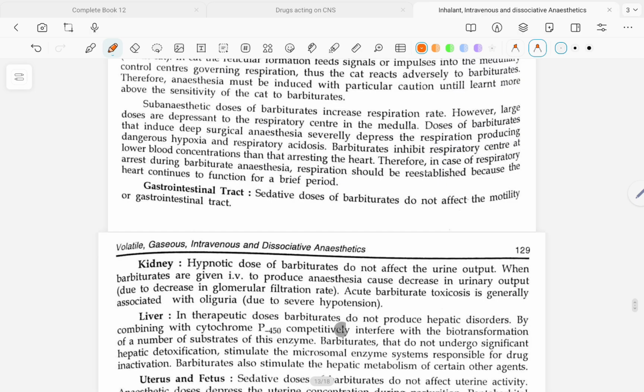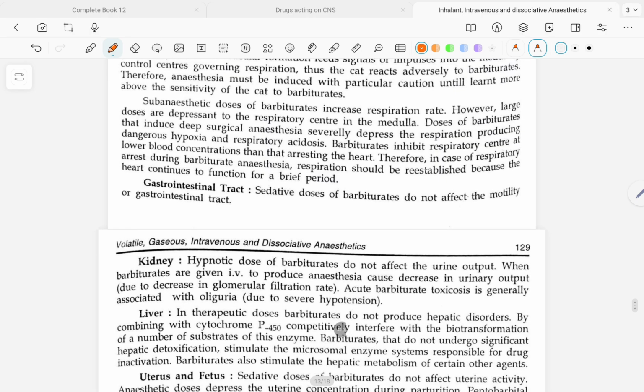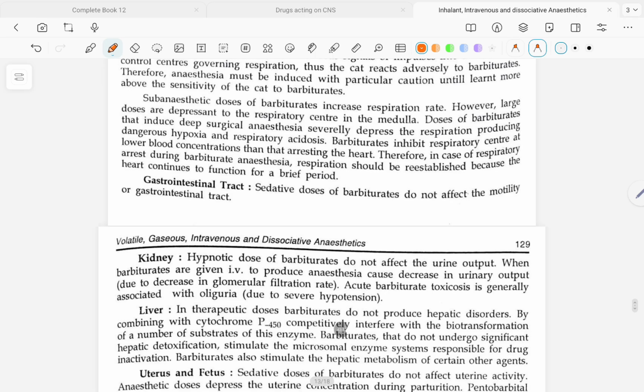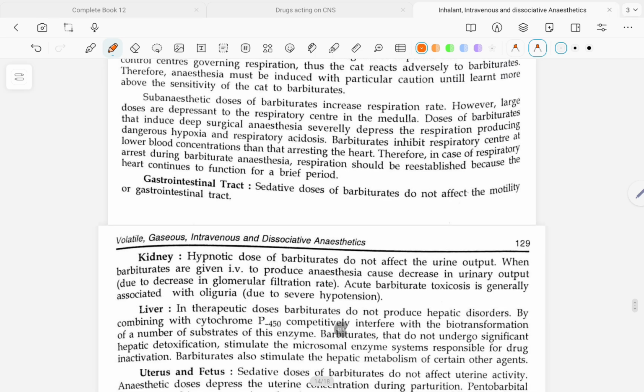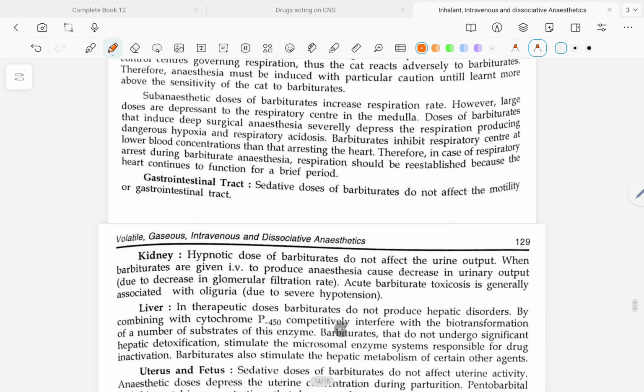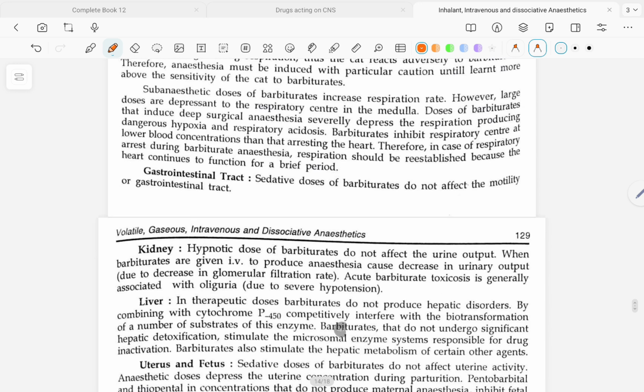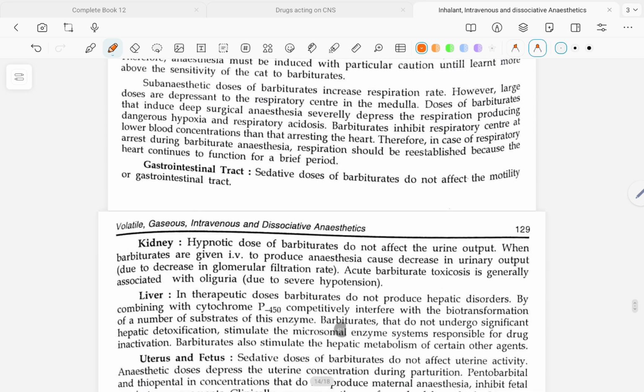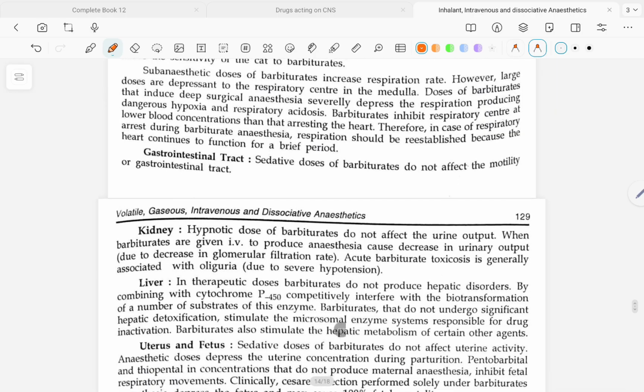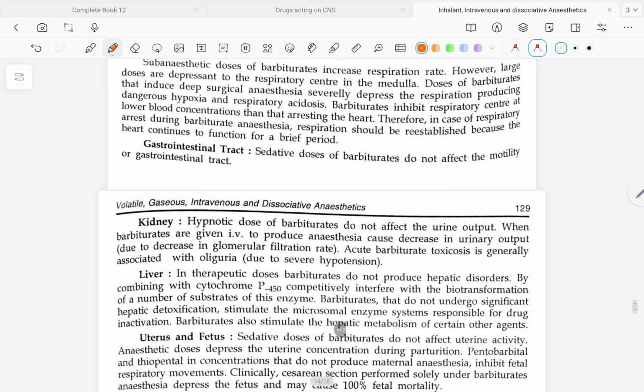Barbiturates inhibit the respiratory center at a lower blood concentration than that arresting the heart. Therefore, in case of respiratory arrest during barbiturate anesthesia, respiration should be re-established because the heart continues to function for a brief period.